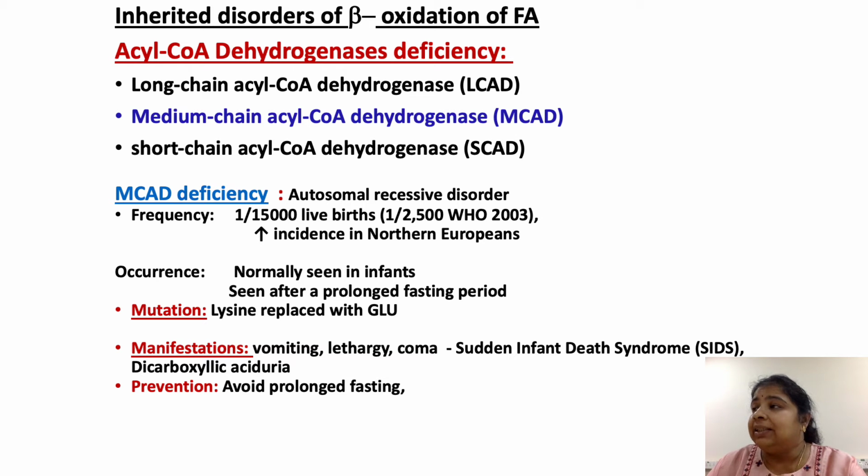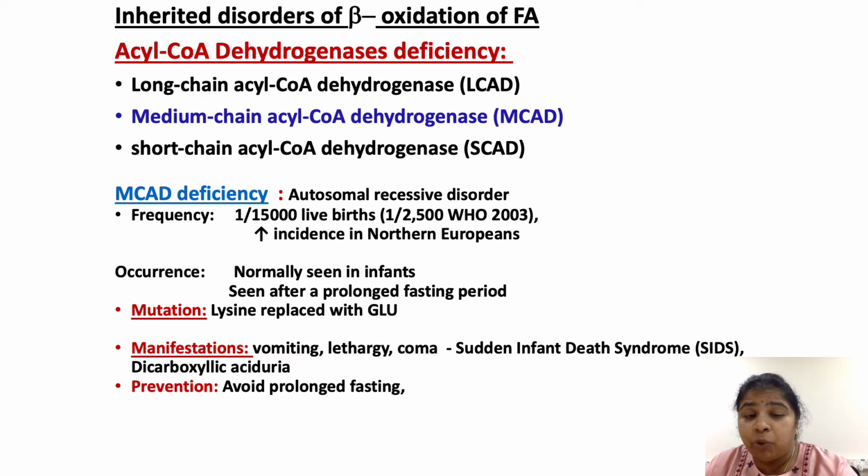That is, the baby is doing fine after feeds, the mother puts the baby to sleep, but in the morning the baby would have died during sleep. Acyl-CoA dehydrogenase deficiency is one of the causes for sudden infant death syndrome. The other feature that we see here will be dicarboxylic aciduria.